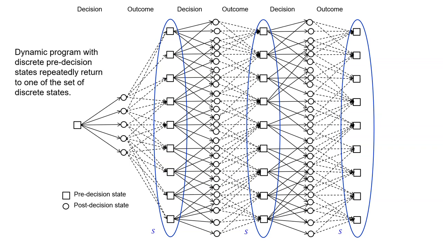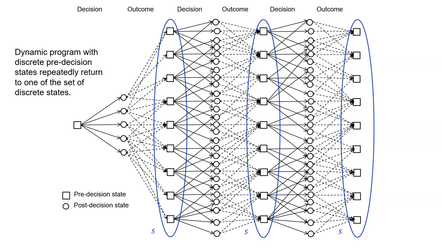Anyway, let's assume I start in some square state, some initial state, and I can make any sort of decision. Those are the solid lines. And then I can have any kind of random information. I really don't care. Actually, the decisions and information here could be quite complicated, because once I come back to the state variable, the pre-decision state, it's discrete, and it has to fall in one of those discrete boxes.